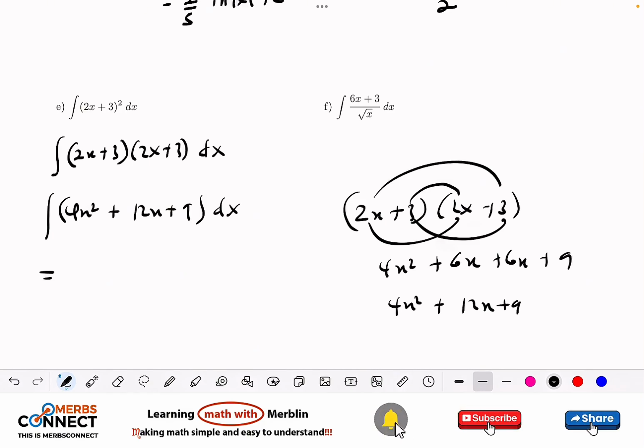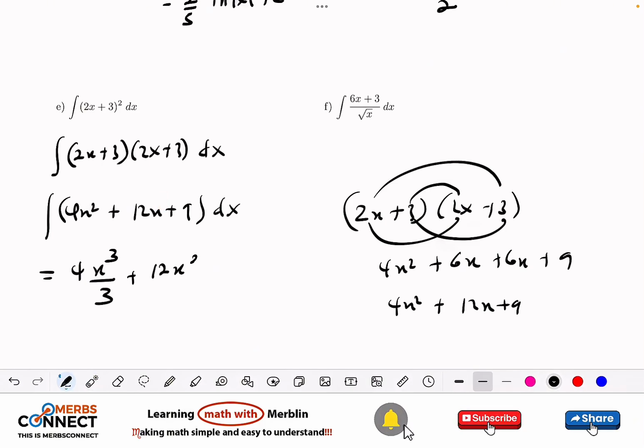And when I do the integration, I'm going to have 4x to the power... right now we know how to do it. We need to add 1 to the power, so I'll just write it straight: 3. Then since I've simplified the top to be 3, I need to make sure that the power here is the same as what I'm going to write here. So this one too is going to be 3, right? Plus 12x. This is to the power 1.